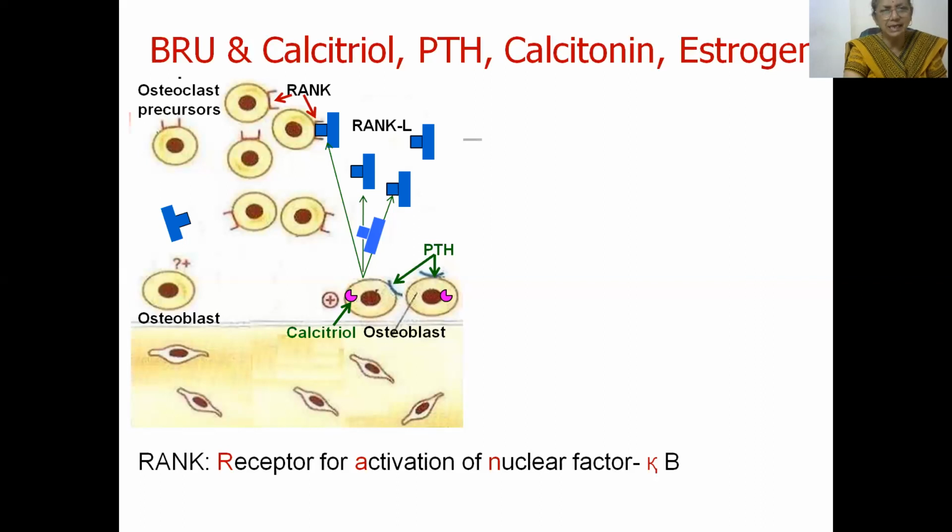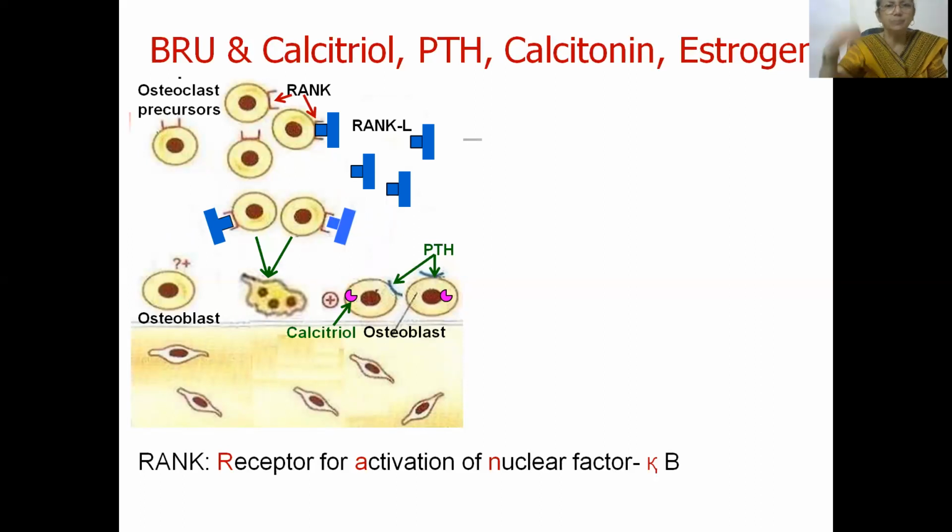When the RANK ligands bind with the RANK receptors on the osteoclast precursors, multiple osteoclast precursors will fuse together to form multinucleated osteoclasts with a serrated, sawtooth border, a cytoskeleton as it is called, which enables them to dig the bone. So multiple precursors will activate into multinucleated osteoclasts capable of digging because of their typical cytoskeleton.